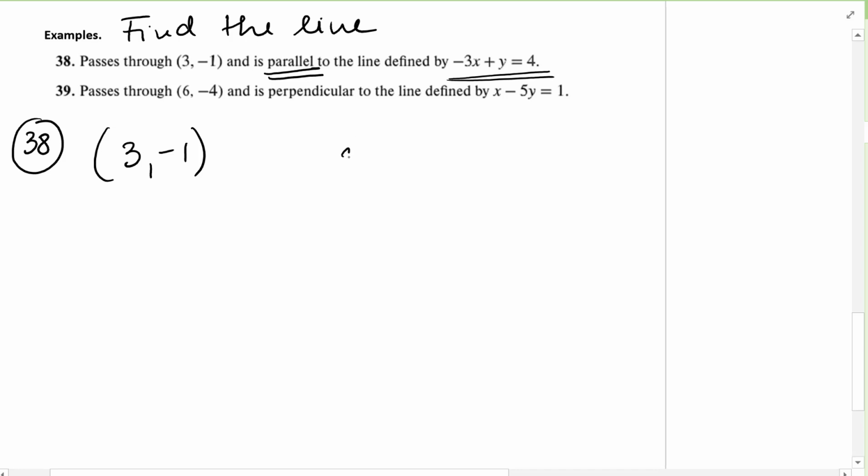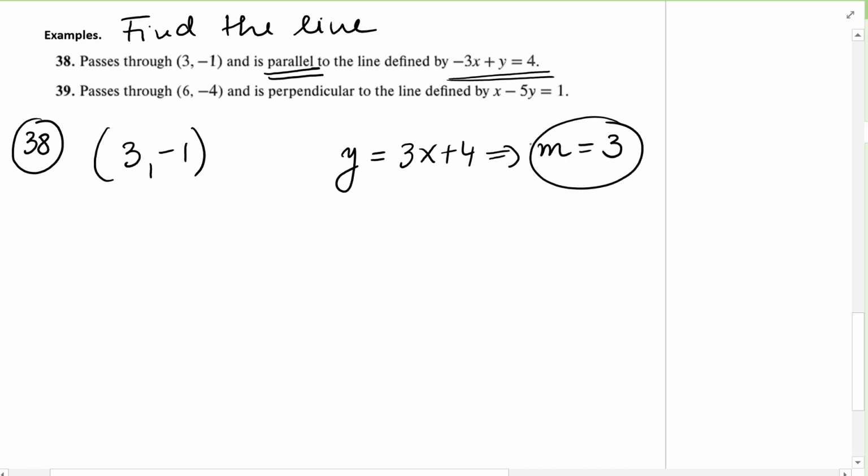So what I'm going to do first is write y equals 3x plus 4. I want it in slope-intercept form because that immediately tells me the slope is 3. So the equation of the line that I'm trying to find passes through 3, -1, and has the slope 3. It has the same slope as this equation because they use the word parallel.